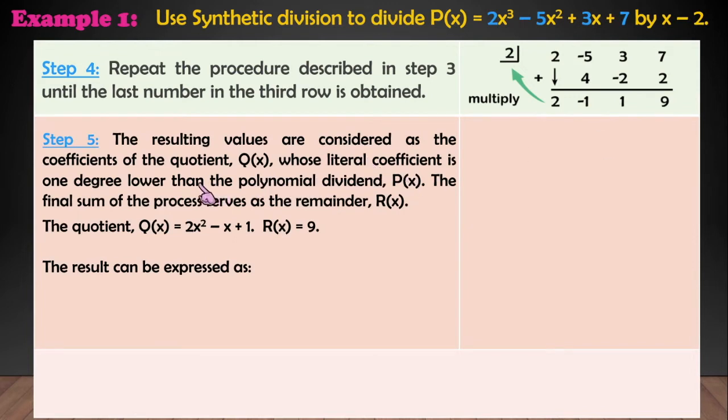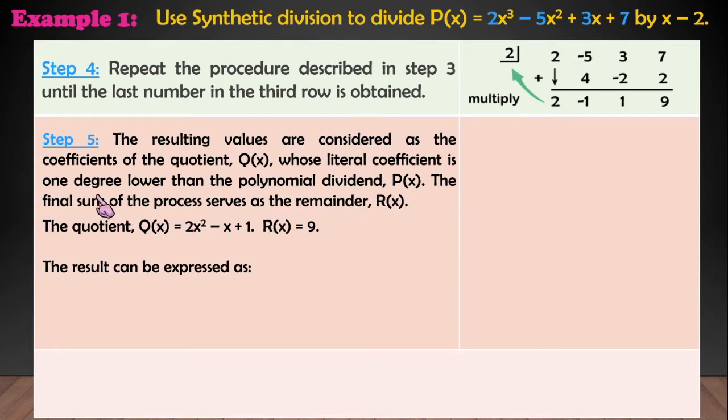Next step. The resulting values are considered as the coefficients of the quotient Q of x, whose literal coefficient is 1 degree lower than the polynomial dividend P of x.